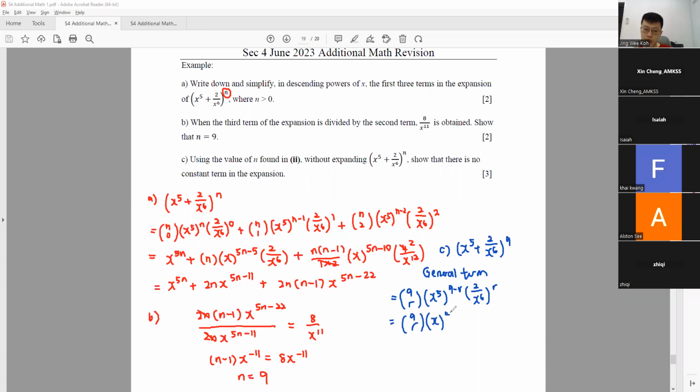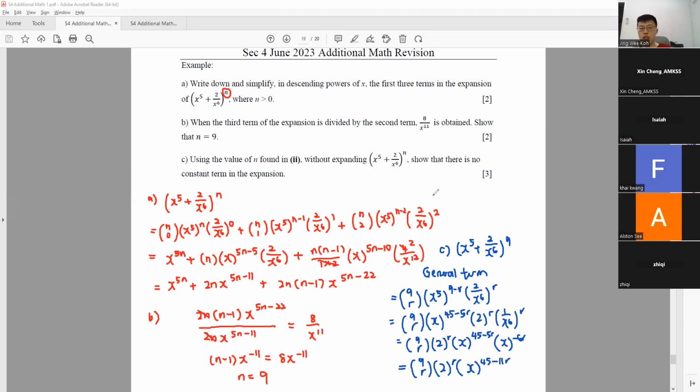So this is x to the power of 45 minus 5r. This will be 2 to the power of r, 1 over x^6 to the power of r. Okay, I bring the number in front. This is x to the power of negative 6r. Then I combine these two together, and you get x to the power of 45 minus 11r.